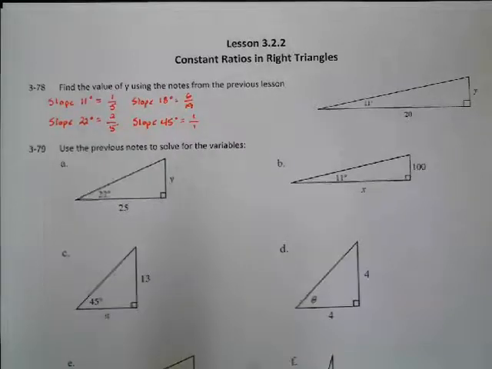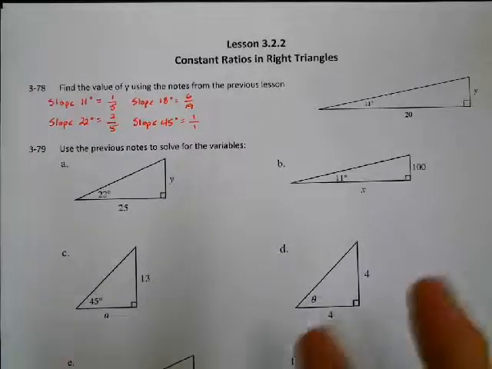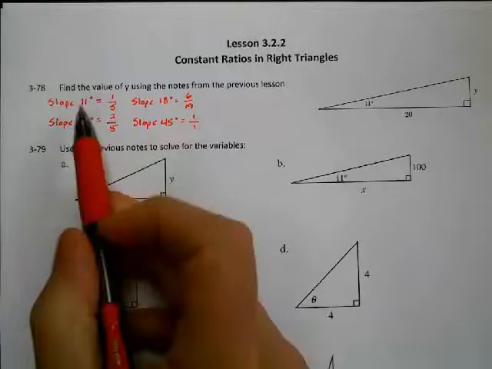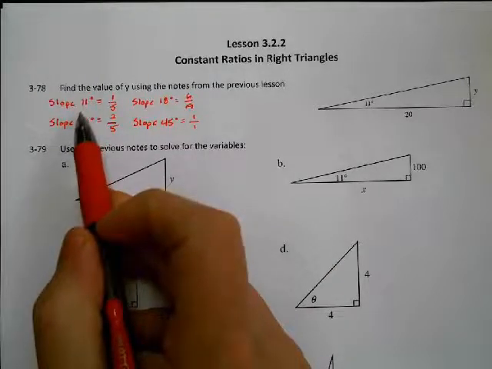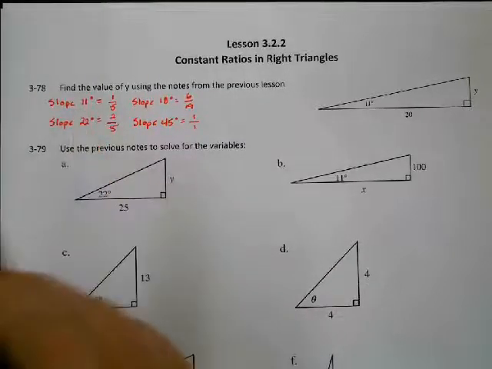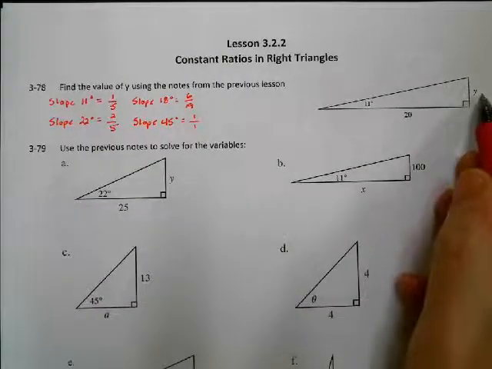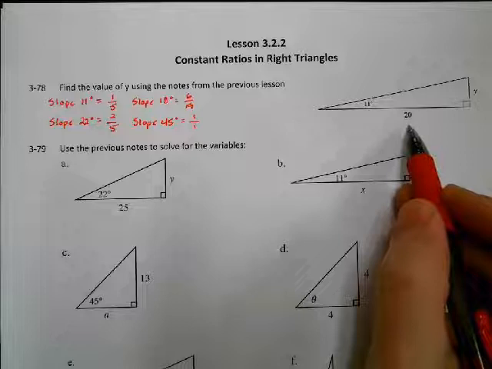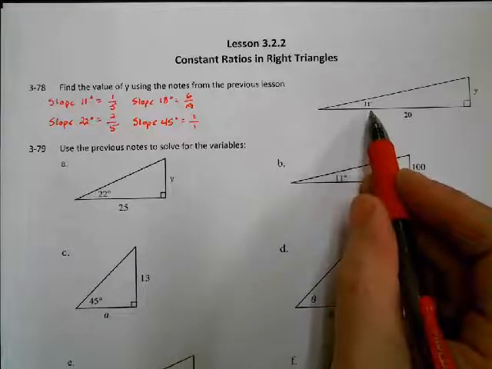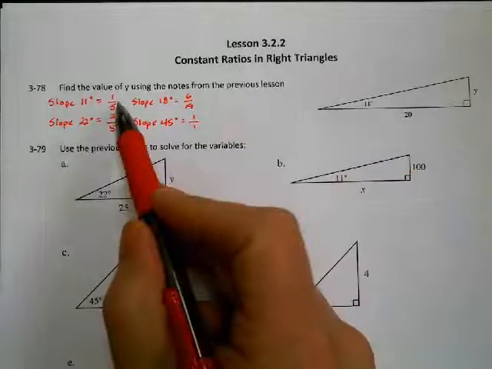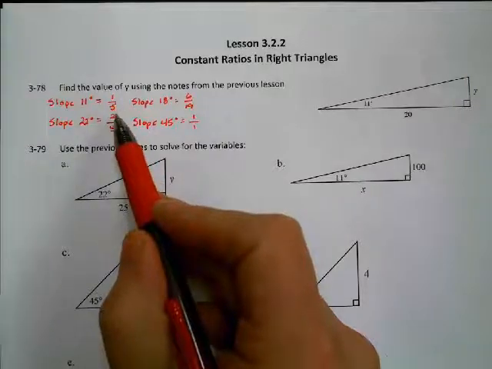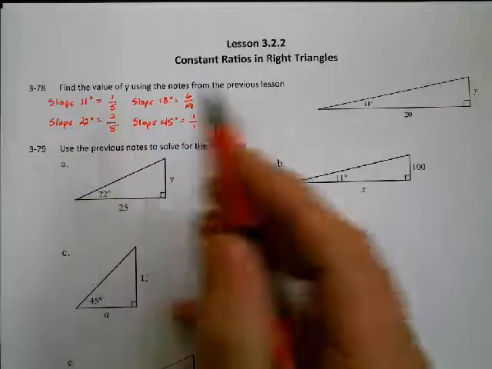All right, so we're going to use those ratios because we know that every right triangle that has 11 degrees in it is going to be similar to all the other right triangles. So here we've got the 11 degrees. Here's the change in y and the change in x. But we know that the slope of an 11-degree triangle, the ratio for the change in y to the change in x should be 1/5.